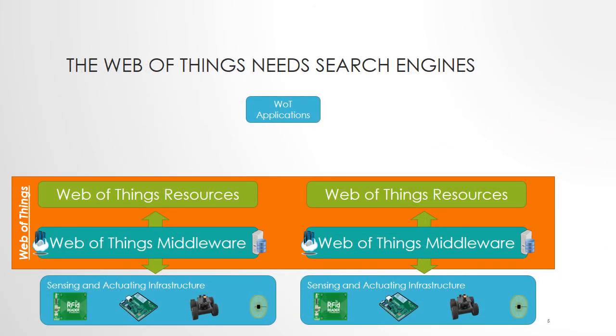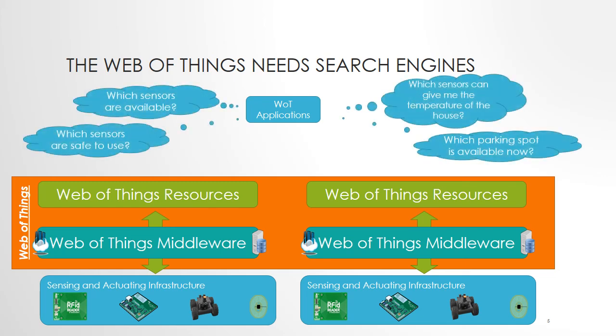When Web of Things resources are ubiquitously and massively available, the task of finding relevant, optimal, and safe resources for applications becomes a major challenge. A simple solution is linking applications to resources during design and deployment time.